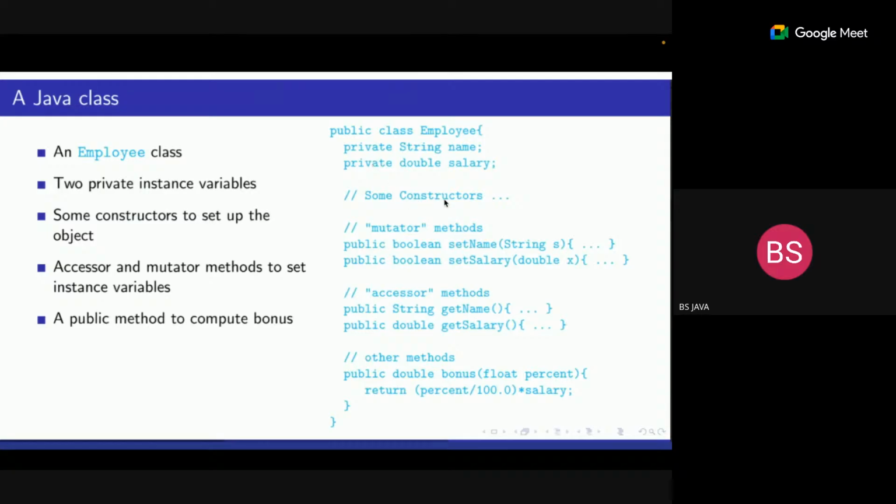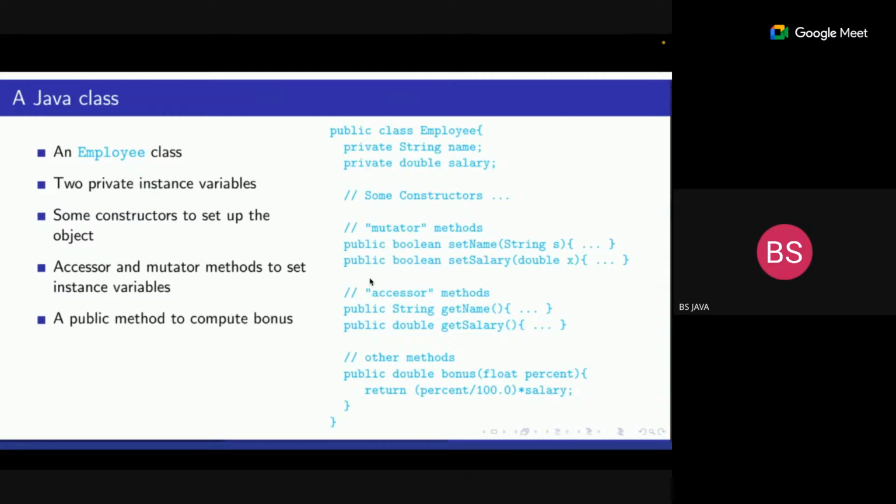It may have some constructors to initialize those values, then mutator methods to set the name and salary from outside the class. So these are public methods, and then we have accessor methods to access the values of the variables name and salary. Another method we have is the bonus method, which will take a percentage and calculate the bonus of an employee using the formula percent by 100 into salary.